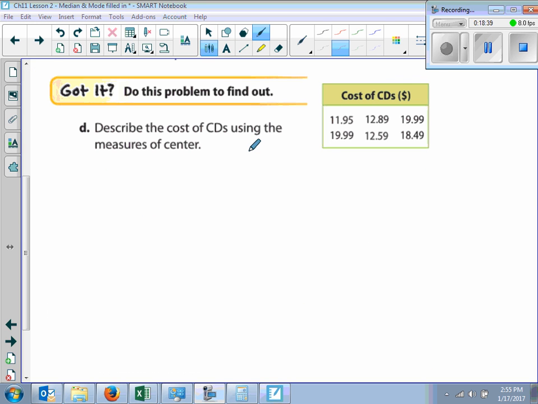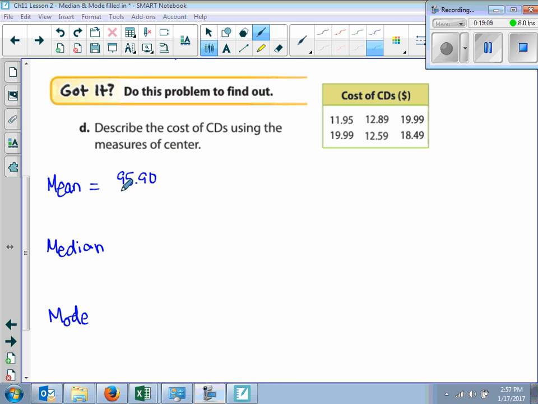So here we're going to do this last example together. We want to describe the cost of CDs using measures of center. So that means we want to find the mean, the median, and the mode, okay?